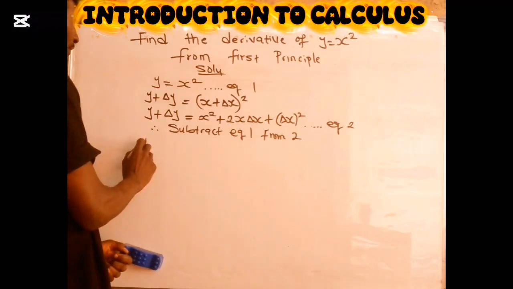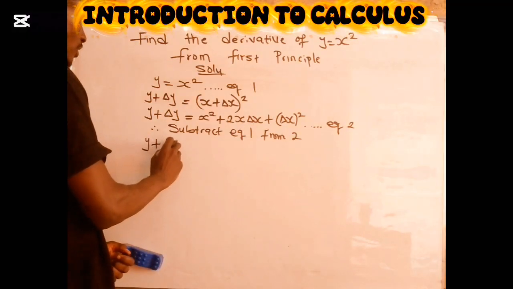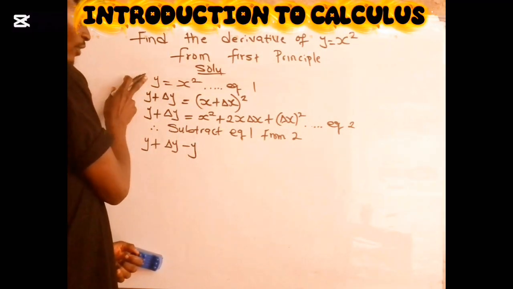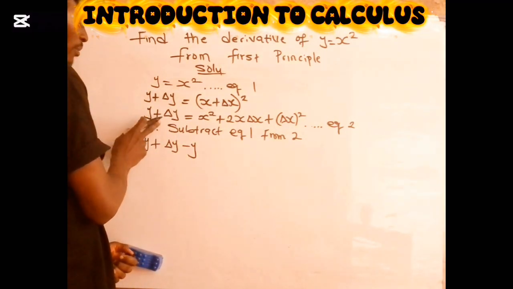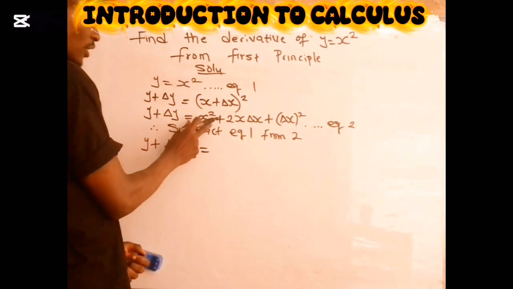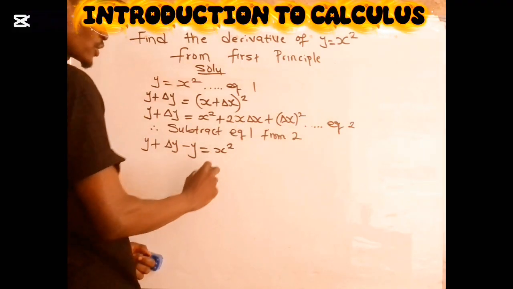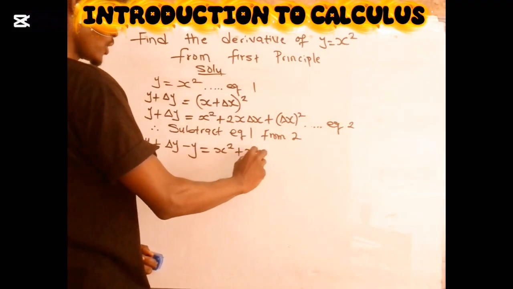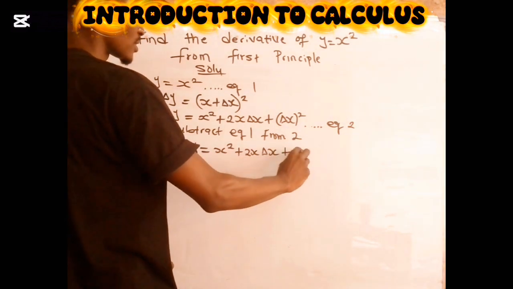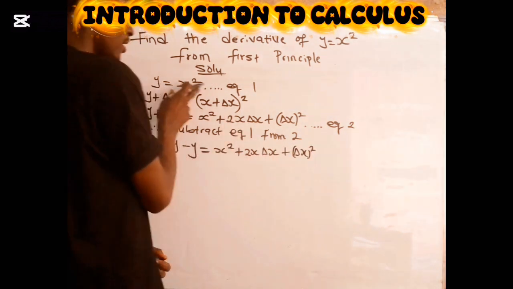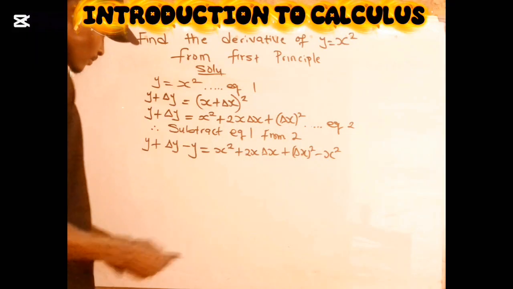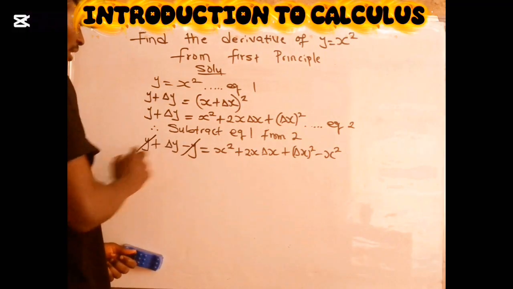That means we'll have y plus change in y minus y, which is from equation 1, equals x squared plus 2x change in x plus (change in x) squared, then minus x squared from equation 1. y cancels y.